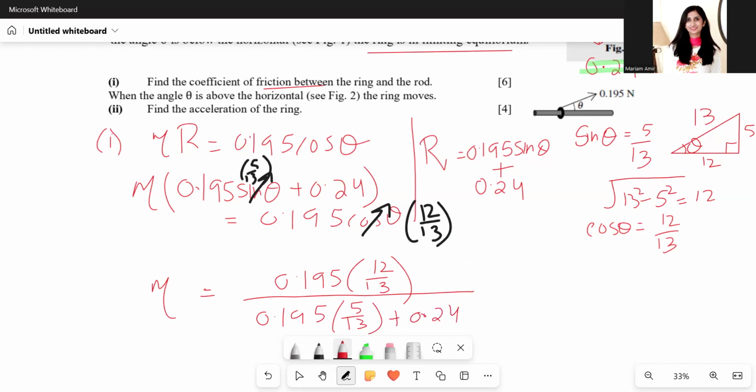Let's see what we get. I get exactly 4 by 7. So mu equals 4 by 7.